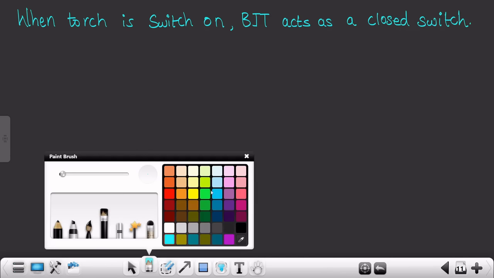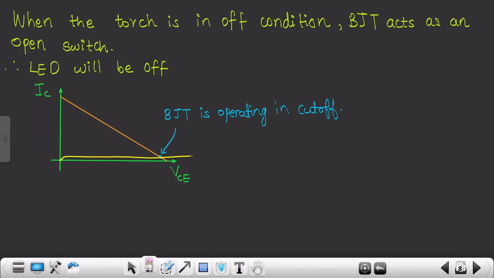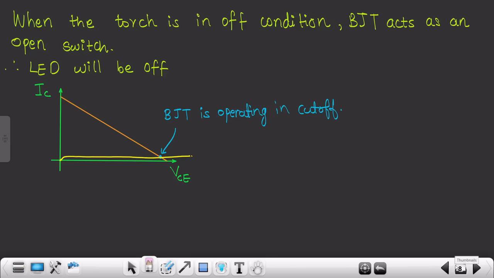So therefore the LED is on. Yeah, the LED will get on. I hope you are getting my point.